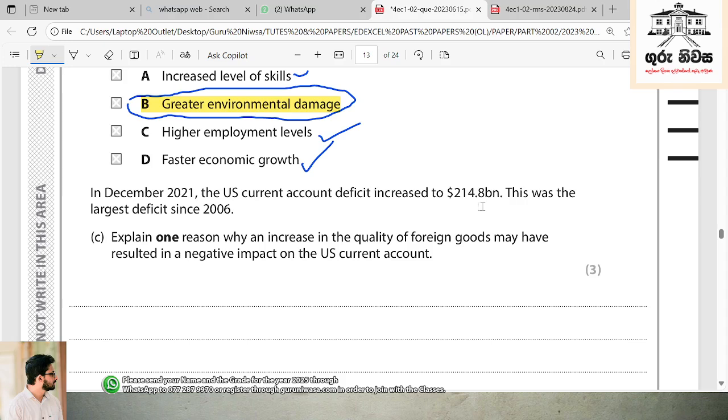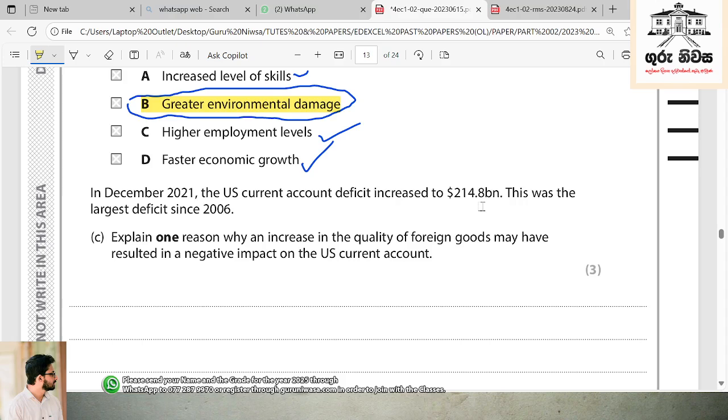Current account surplus means the other way, lamai. I said the opposite.